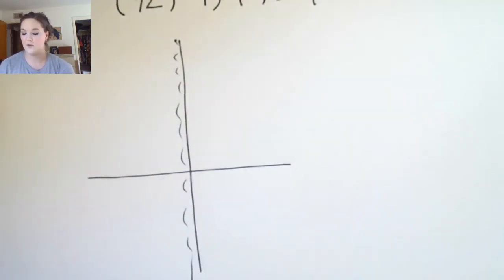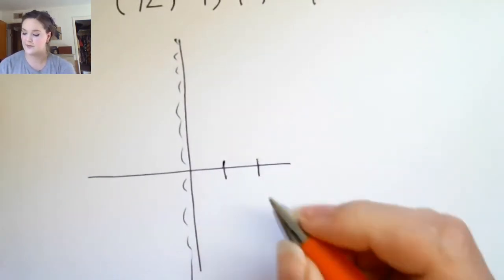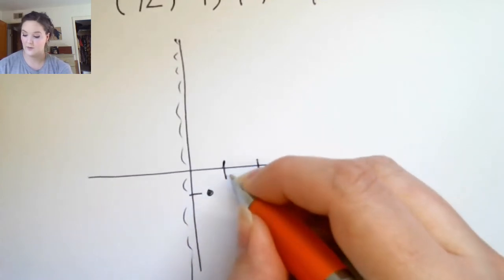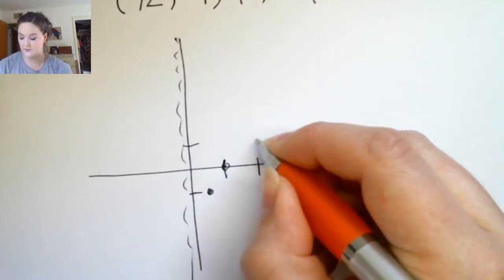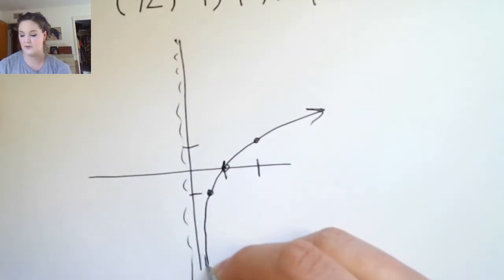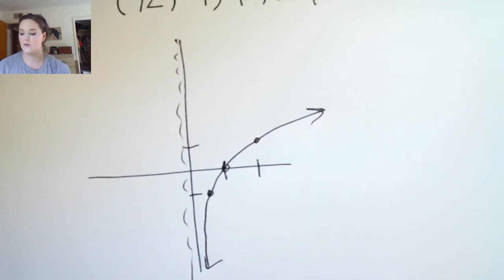Then we're going to graph our key points: 1/2, negative 1, 1, 0, and 2, 1. And our graph is going to have this shape. So this is our base graph for base 2.